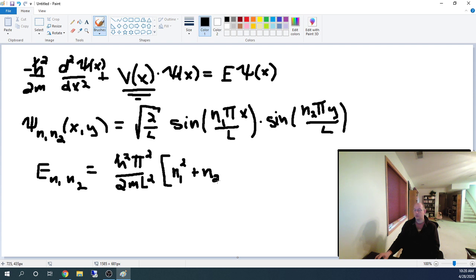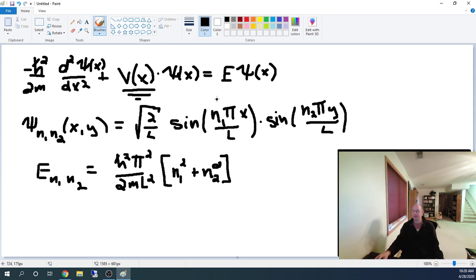Hopefully you remember this idea; I'm trying to remind you of some of these important highlights. Notice that if n1 is equal to 1 and n2 is equal to 2, that has a particular energy, 5 here. But the same would be true if n1 is equal to 2 and n2 is equal to 1. It's the same energy.